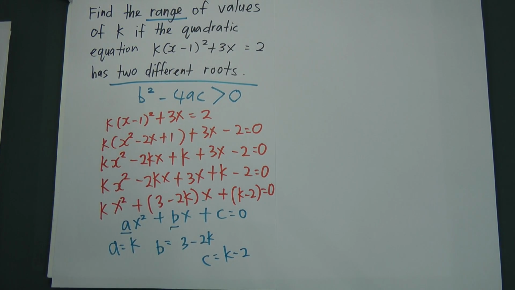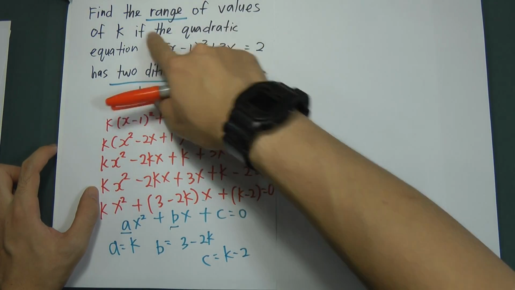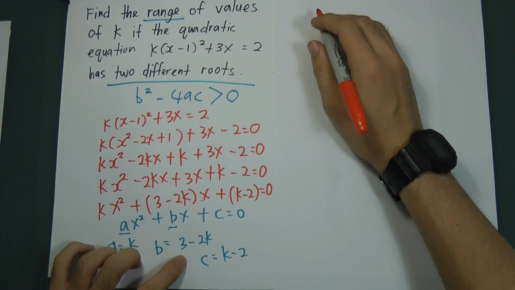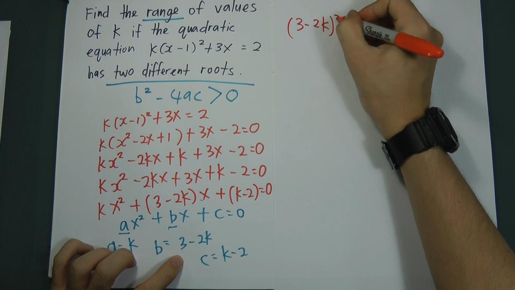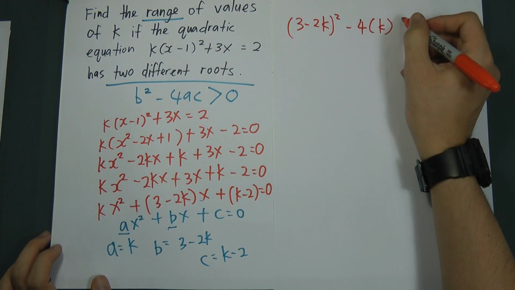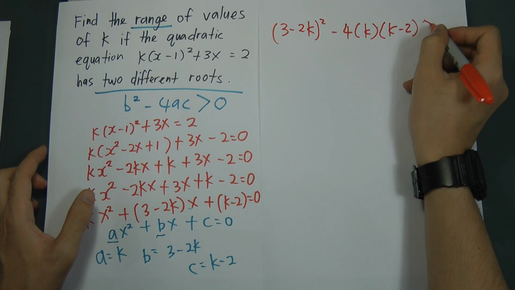Okay, then we just apply b squared minus 4ac bigger than 0. Then we can find the possible range of values of k. So b squared, what is b? b is (3 minus 2k) squared, minus 4, a is k, and c is k minus 2, bigger than 0.